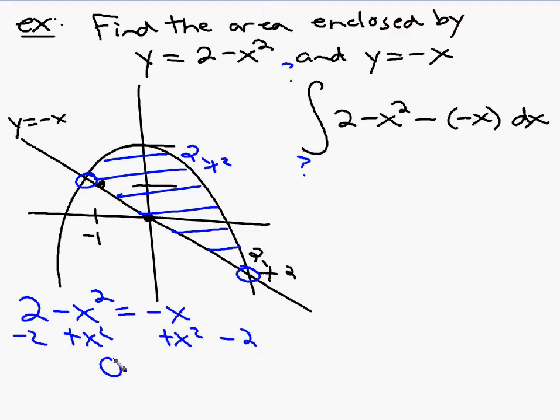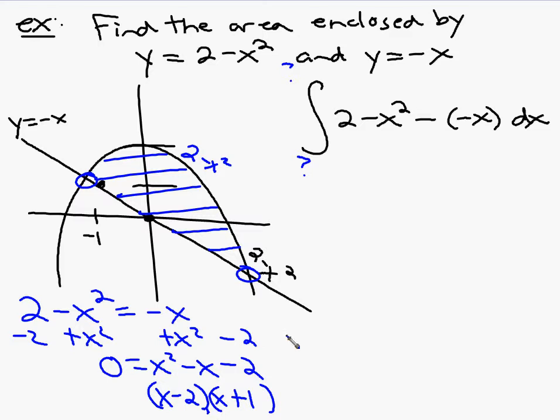So I have 0 equals x squared minus x minus 2. And what do you know about that? That's a nice little quadratic that will factor, make us feel good about ourselves, because we can factor it: negative 2 and plus 1. Using the zero product property, I can set each of those equal to 0.